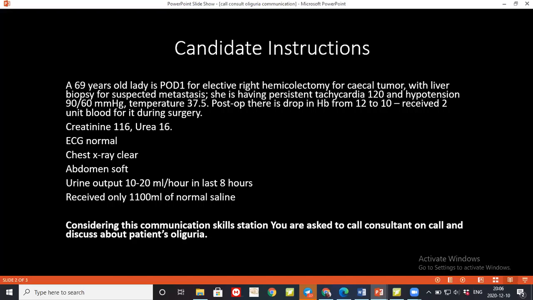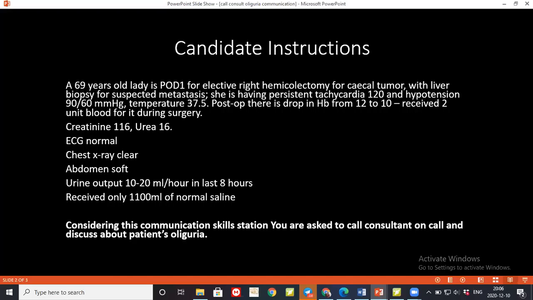Okay, Mrs. Jane, 69 years of age, was admitted and operated 24 hours ago for right hemicolectomy for sickle tumor. She has been oliguric for the last 8 hours. Her urine output is 10 to 20 ml. I also checked the urinary catheter. It was not blocked.